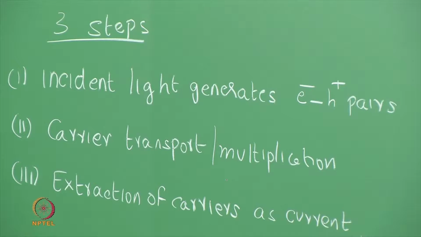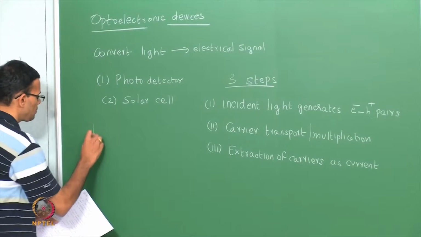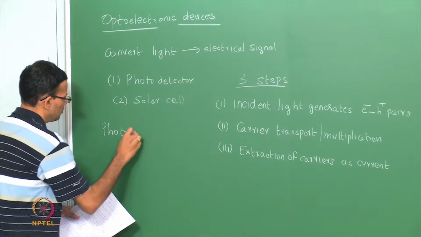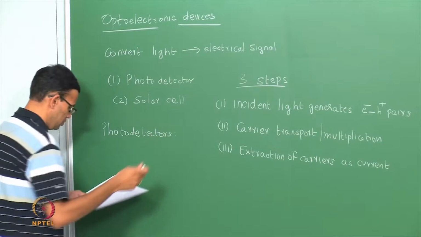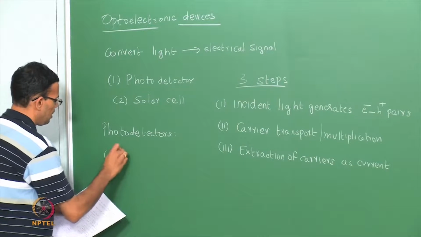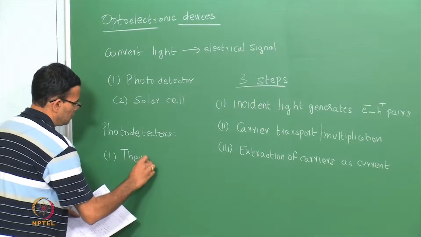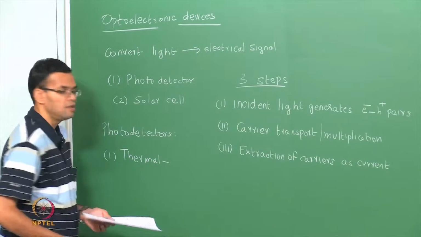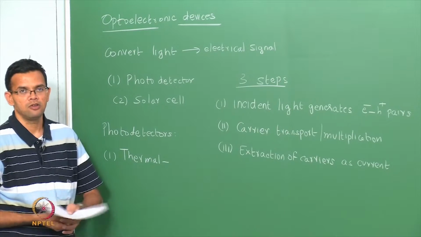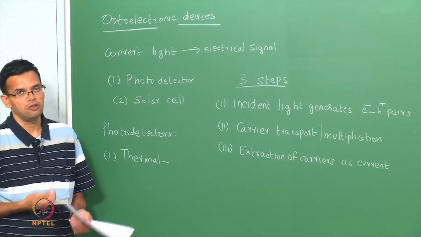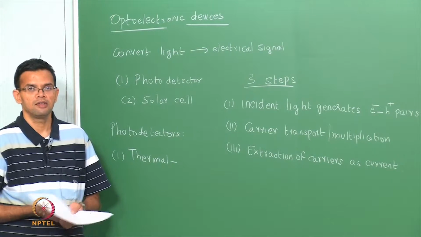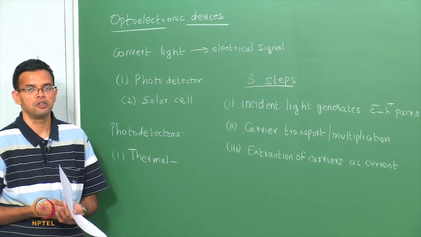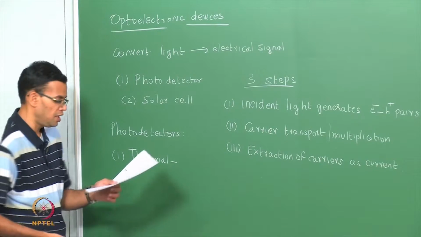When we look at a photodetector, there are normally two classes of photodetectors. The first class are thermal detectors. In this particular case, you shine light onto the material, which leads to a temperature rise, which is measured, and the temperature rise is directly proportional to the amount of light that is shining in.